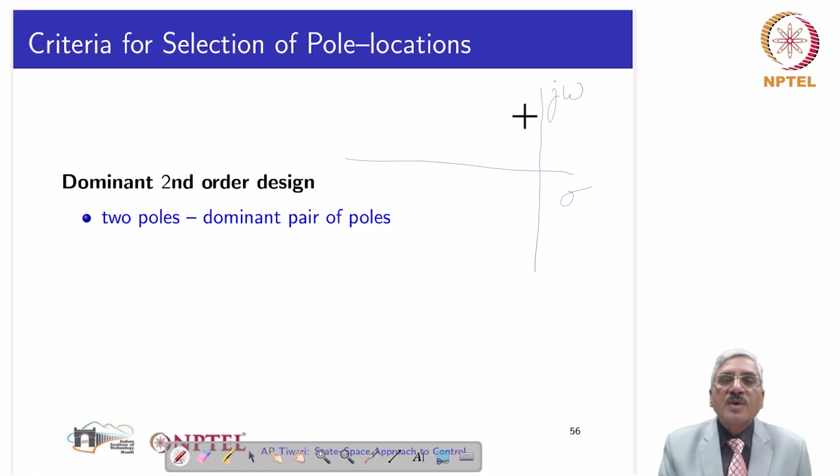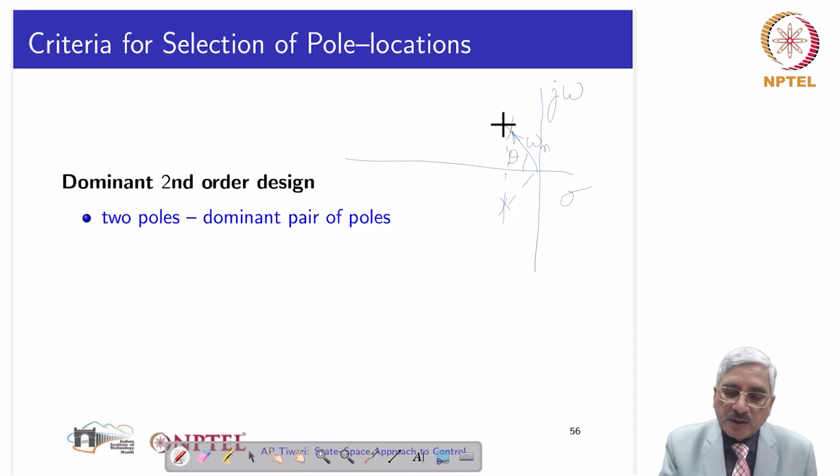So many times we want a higher order system, in closed loop, to behave as a second order system. So we choose the pole locations so as to give the required bandwidth and damping, that is omega n, and the required cos theta, or the damping.